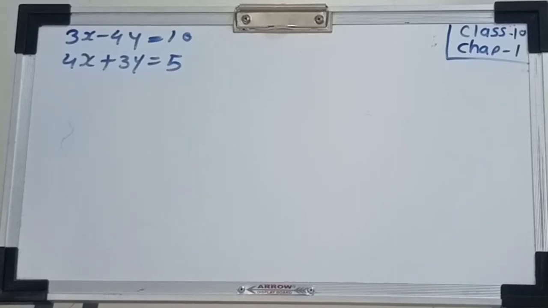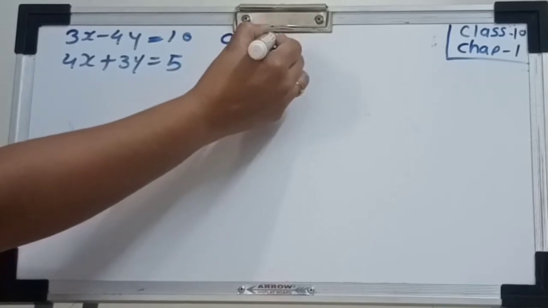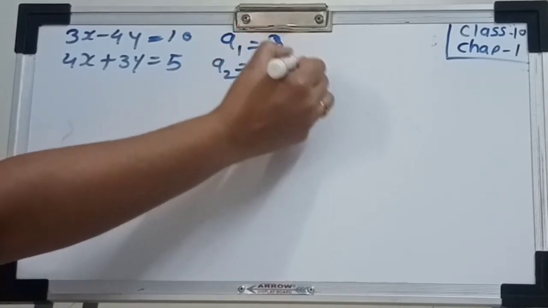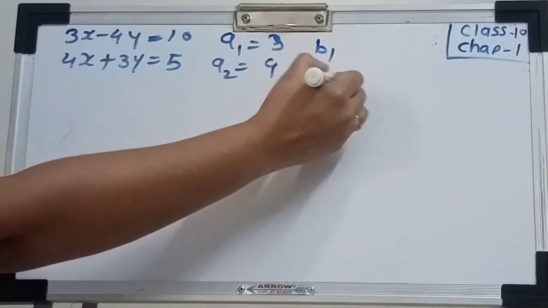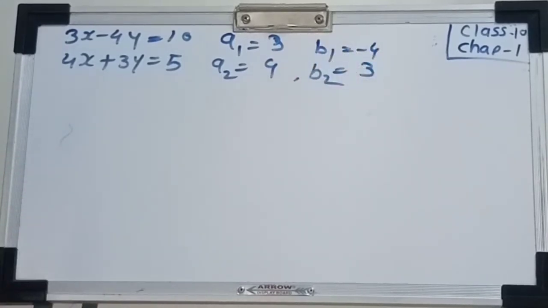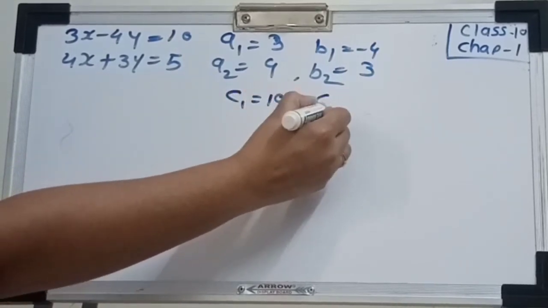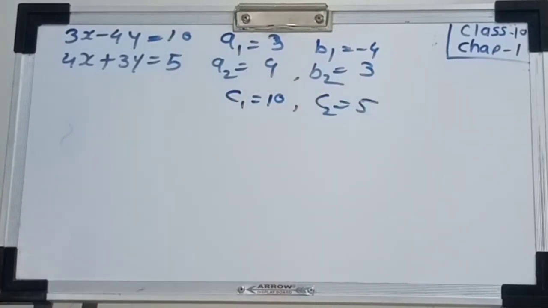Write the values a1, a2, b1, b2 and c1, c2. What are a1, a2? 3, 4. b1, b2 is equal to minus 4, 3. And c1 is equal to 10, c2 is equal to 5.